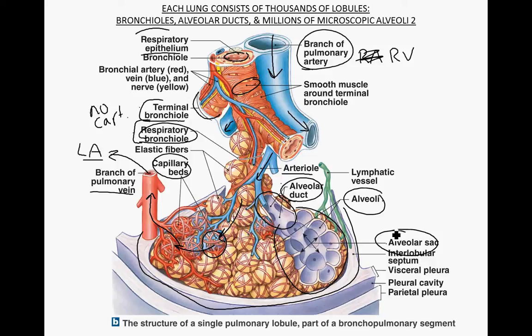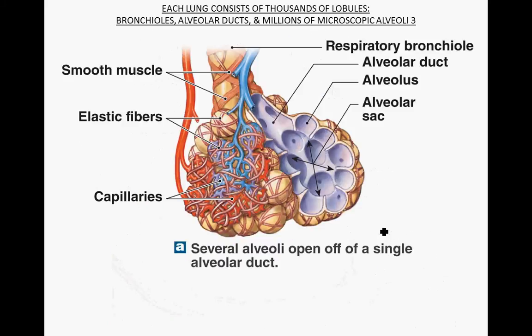So now we're going to look at a detailed version of one of those alveolar ducts and the alveoli themselves. So again, first we see blood flow this way and blood flow out this way into these capillary beds. These capillary beds are all surrounding the alveolar sacs. Again, so respiratory bronchiole up here, alveolar duct leading into one alveolar sac.